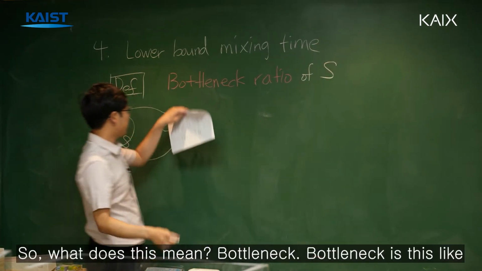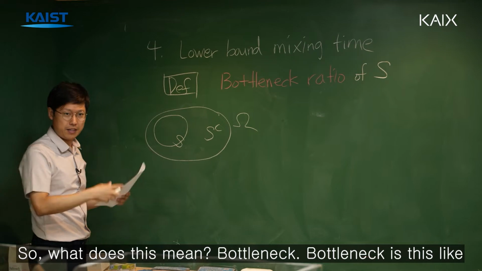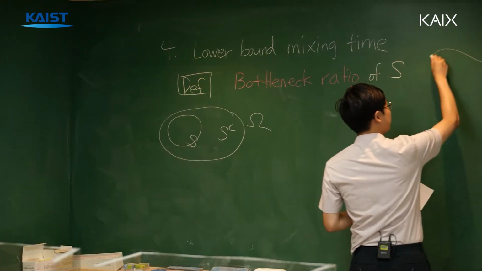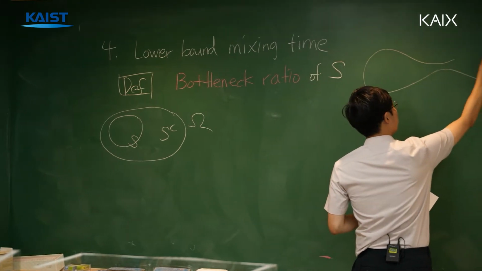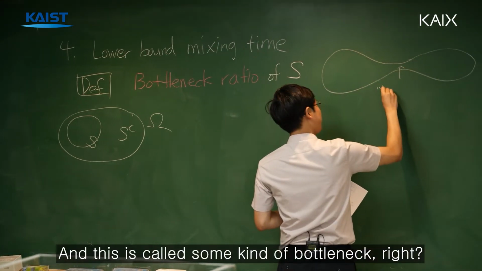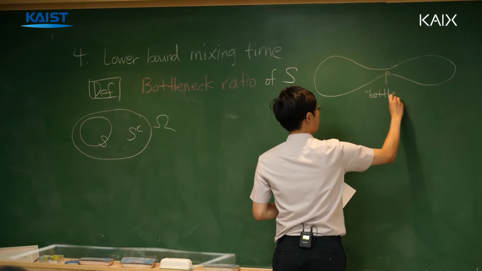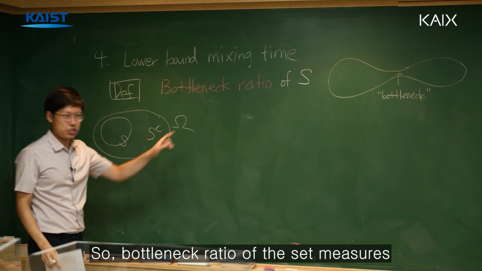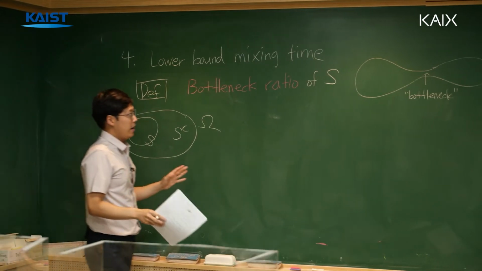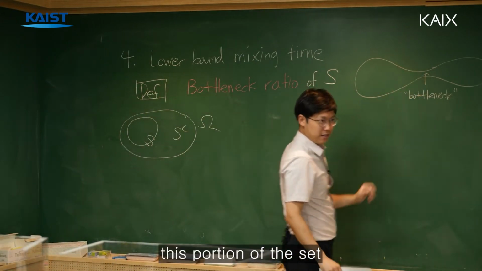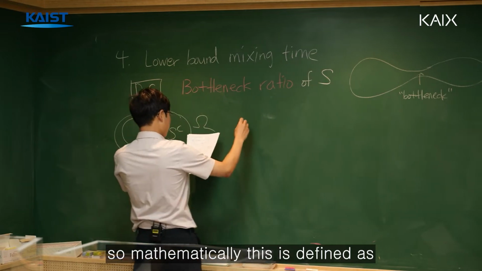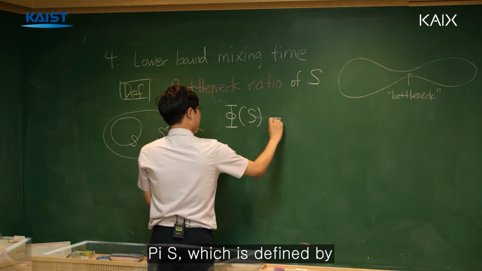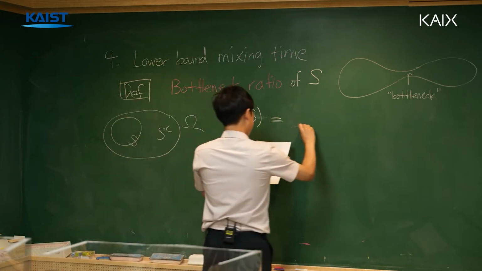So what does this mean? Bottleneck is this shape, like this. And this is called some kind of bottleneck. The bottleneck ratio of the set measures this portion of the set. Mathematically, this is defined as follows.